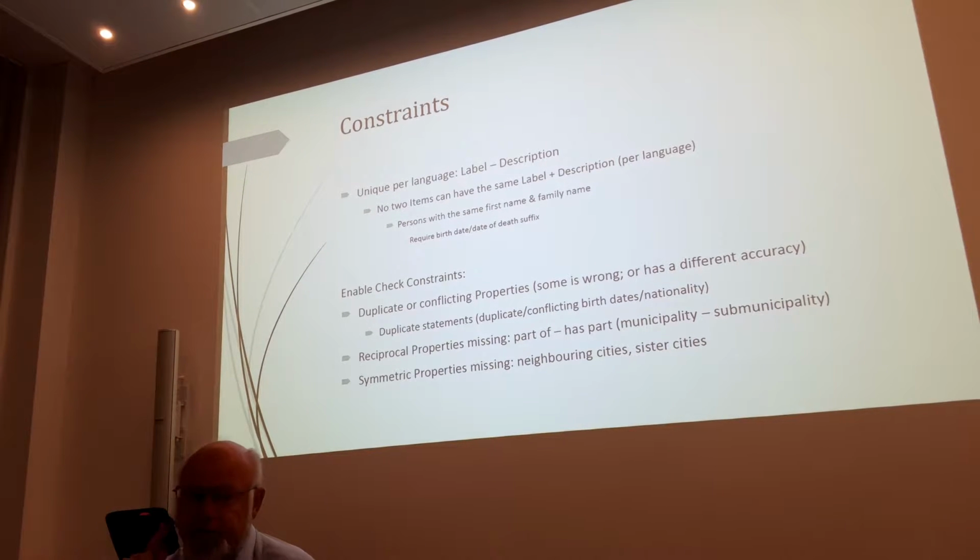You should never have two items with the same label and the same description. When you execute QuickStatements, adding labels, you can run into this problem because very frequently in important families you have sons and grandsons that have the same name as the father or the grandparent.